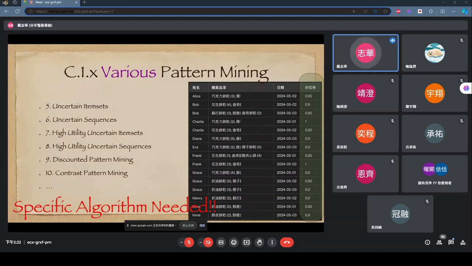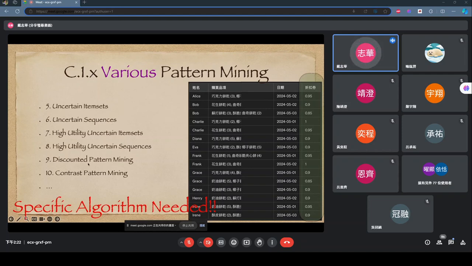It's with probability. For that kind of data, we call it uncertain data. So we could also do the mining task on those data sets. So it has uncertain item set, uncertain sequence.